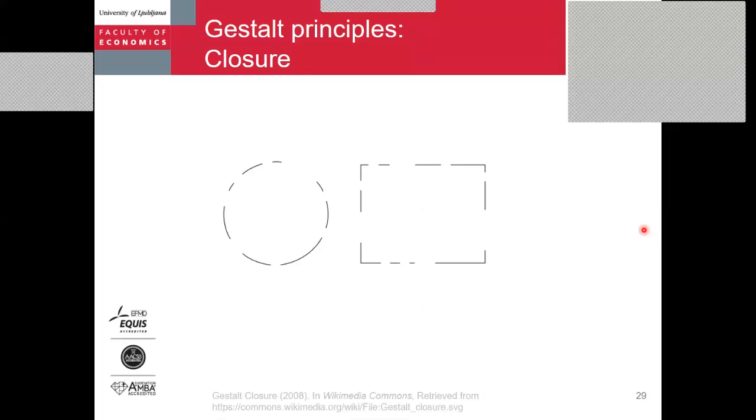I'm not sure if you're new to data visualization. Because, actually, we don't have a full circle and we don't have a full rectangle. We have gaps there, but we tend to ignore gaps and complete contour lines, and we prefer to see these shapes as a whole. Yes. So this is the closure principle.